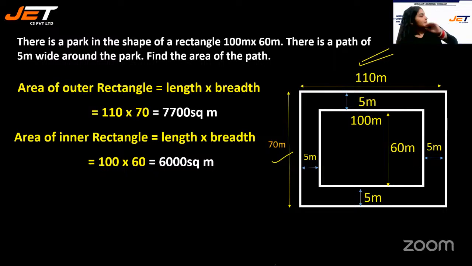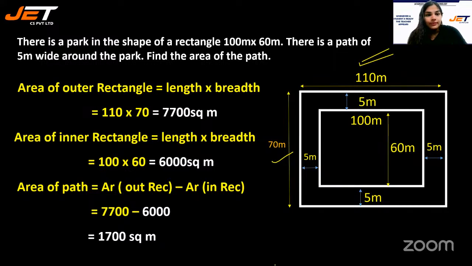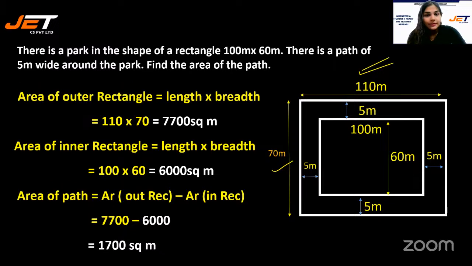Now, whatever will be the difference will be the area of the path. Area of path is outer rectangle minus the inner rectangle, 7,700 meters square minus 6,000, which is equal to 1,700 meters square. Right? 1,700 meters square.